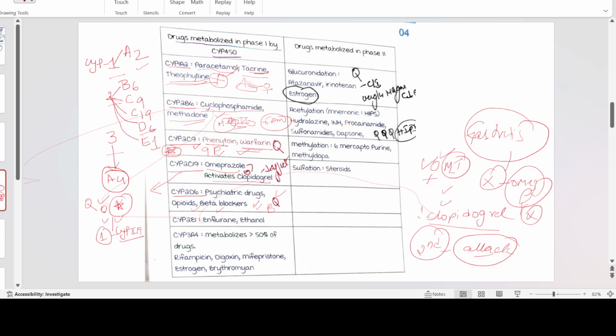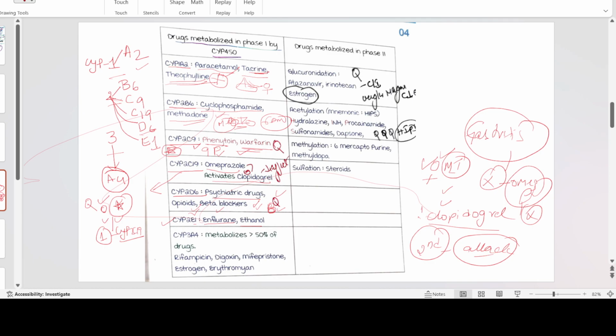If you draw one more O, this is O for opioids. It became B, beta blockers, second. You just remember. How you remember is not important, but remembering is important. Under family two, the next and last subfamily is E1. How do you remember this? The name itself tells: E for ethanol. That's how we can remember.